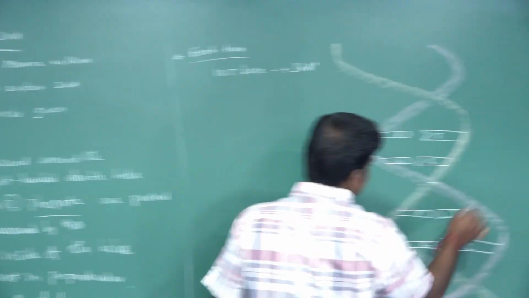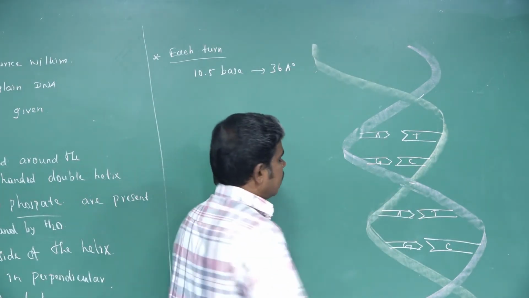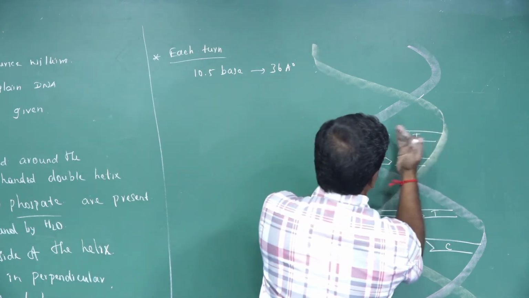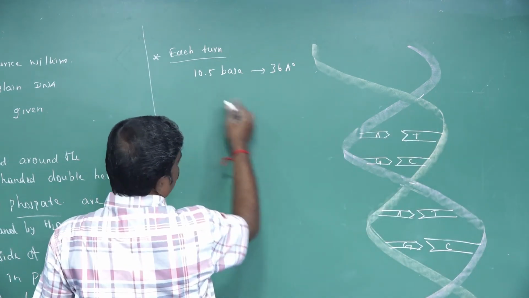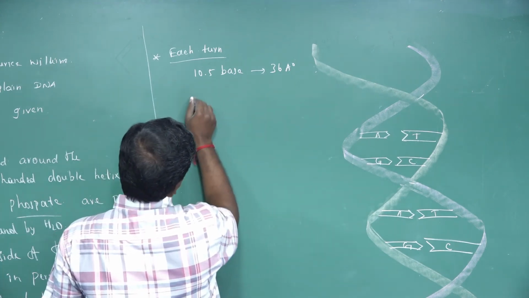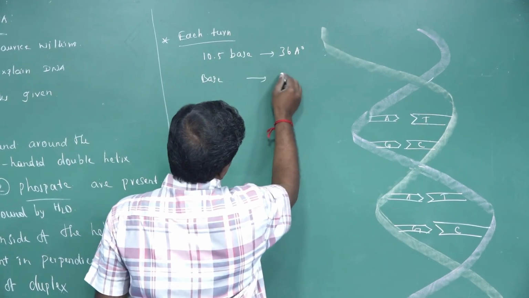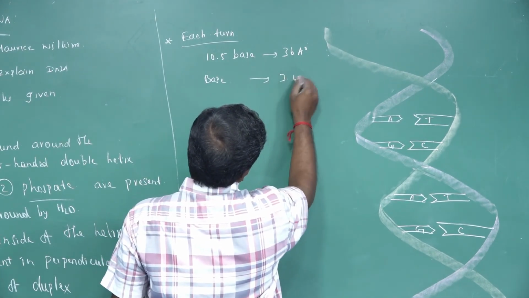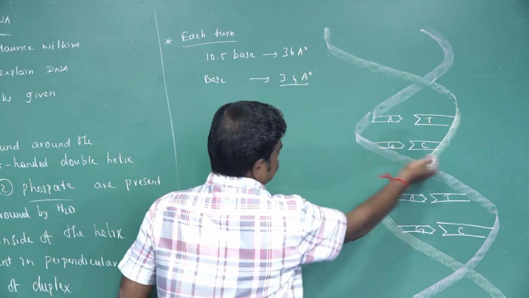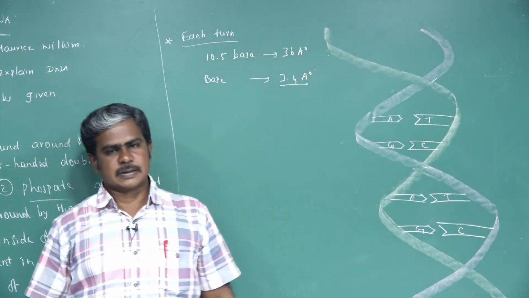And we are taking the length of the nucleotide, the base only, which is 3.4 angstrom. So it is the length between two nitrogen bases.